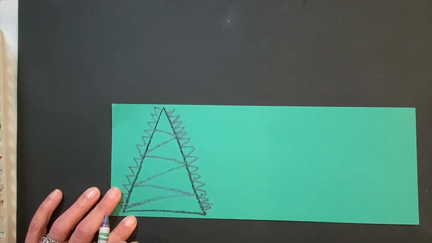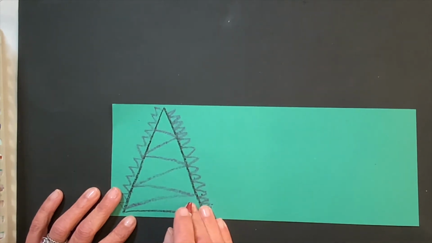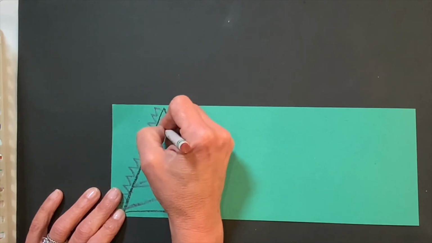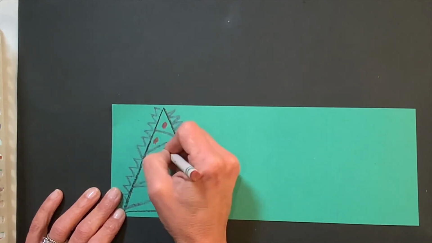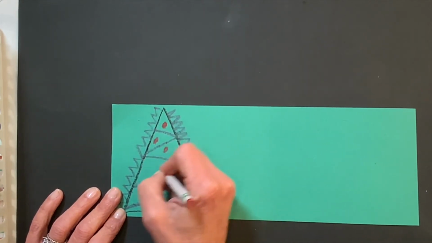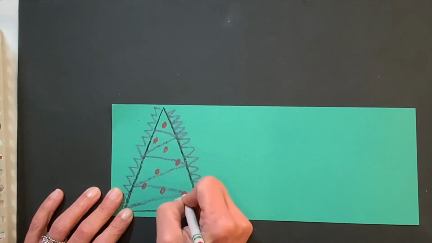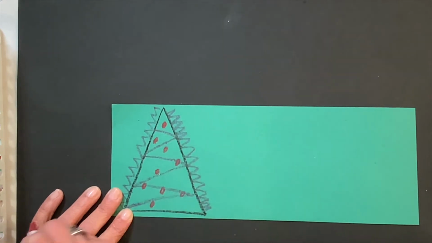You can decorate the tree however you want. There's our large tree. I'm going to give you some time to finish that. If you want to add some circles to it, like a dotted line, you could do that as well. These are your trees and you can be as creative as you wish.